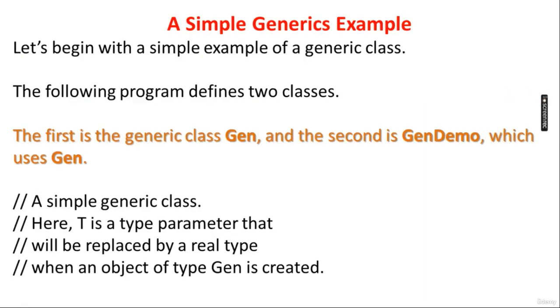A simple generics example. Let us begin with a simple example of a generic class. The first is the generic class Gen, and the second is GenDemo, which uses Gen. In the simple generic class, T is the type parameter that will be replaced by the real type when an object of type Gen is created. Okay, it is the same as the template, but it is not actually equal to the template in C++.